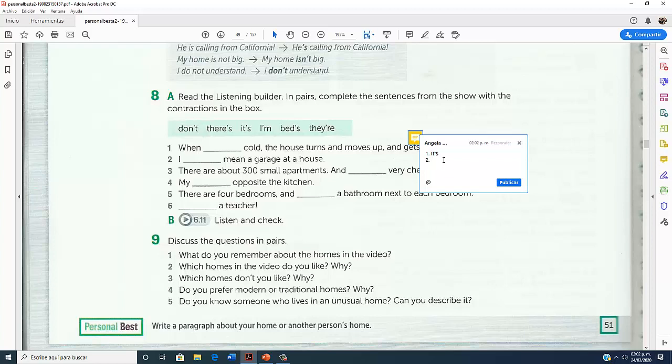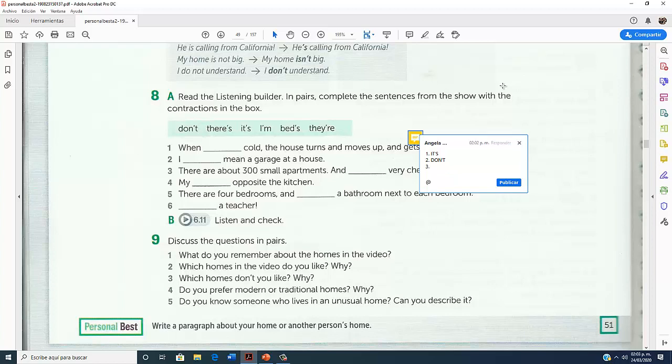Number 2, I mean a garage at a house. I don't mean there's a garage in the home. I don't mean there's a garage at a house.